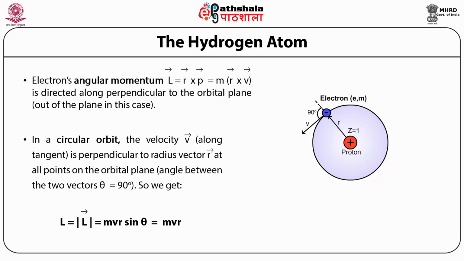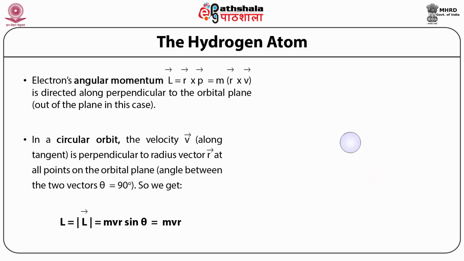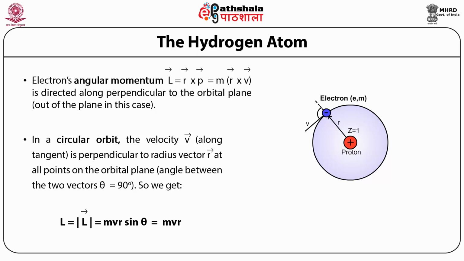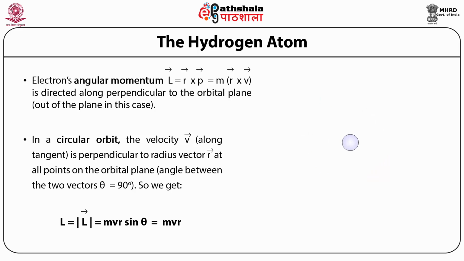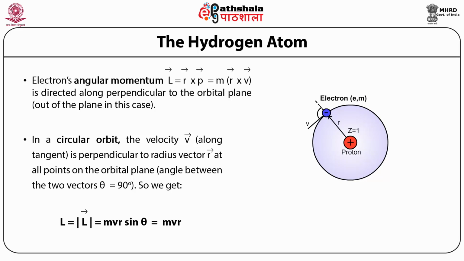Since theta is 90 degrees, the velocity being perpendicular to the radius, the magnitude of the angular momentum becomes equal to m v r. So this is the result to note: the angular momentum of the electron when it moves in a circle is equal to the mass of the electron multiplied by its speed multiplied by the radius of the circle. So L equals m v r.